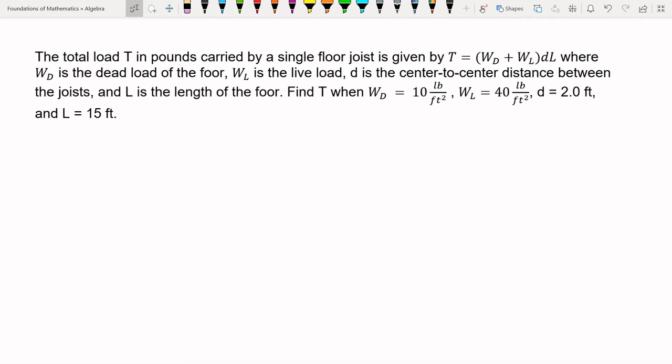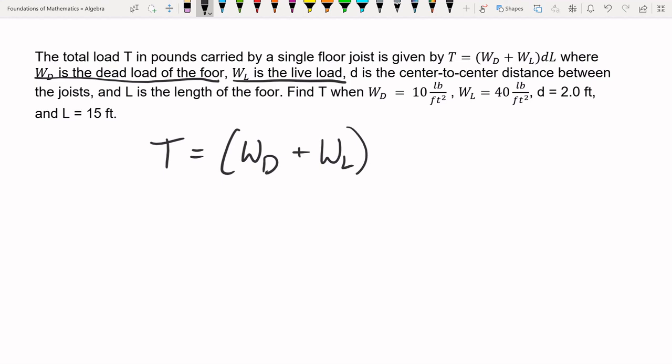All right, here's the next one. We have the total load T in pounds carried by a single floor joist is given by T equals WD, which is the dead load of the floor, plus WL, which is the live load. And this is multiplying D times L. D is the center to center distance between the joists, and L is the length of the floor.